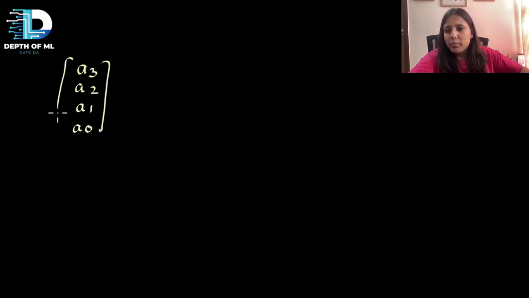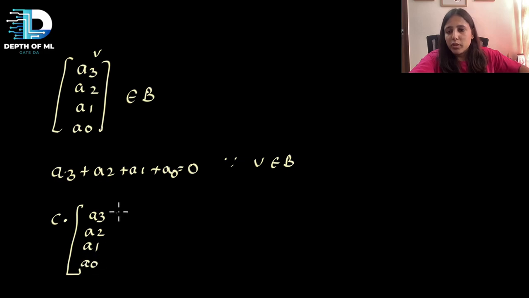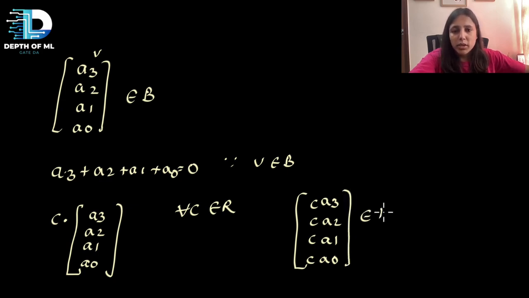Let this be in B. Now I'll write the equation here: A3 plus A2 plus A1 plus A0 equals 0, since this vector belongs to B. Now I have to multiply by C this vector A3, A2, A1, A0, for all C belonging to R. So I'll have C A3, C A2, C A1 and C A0. I will check whether this belongs to B or not.